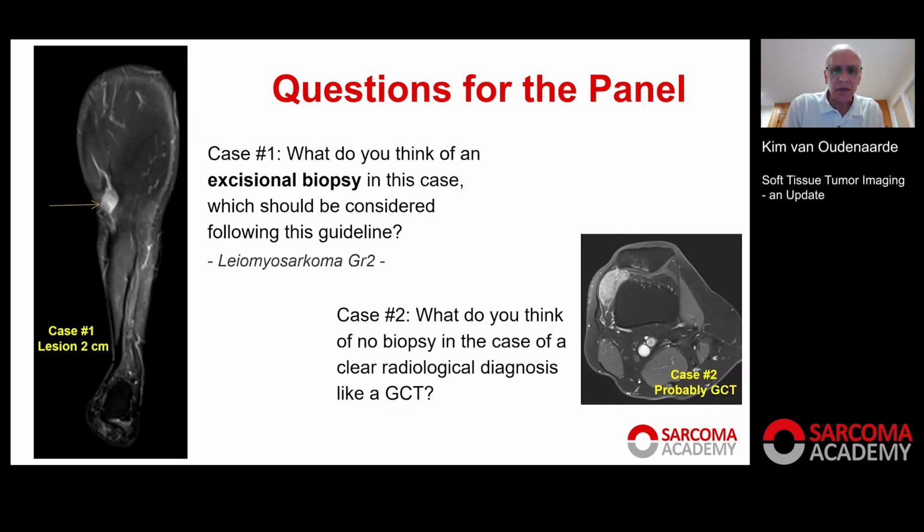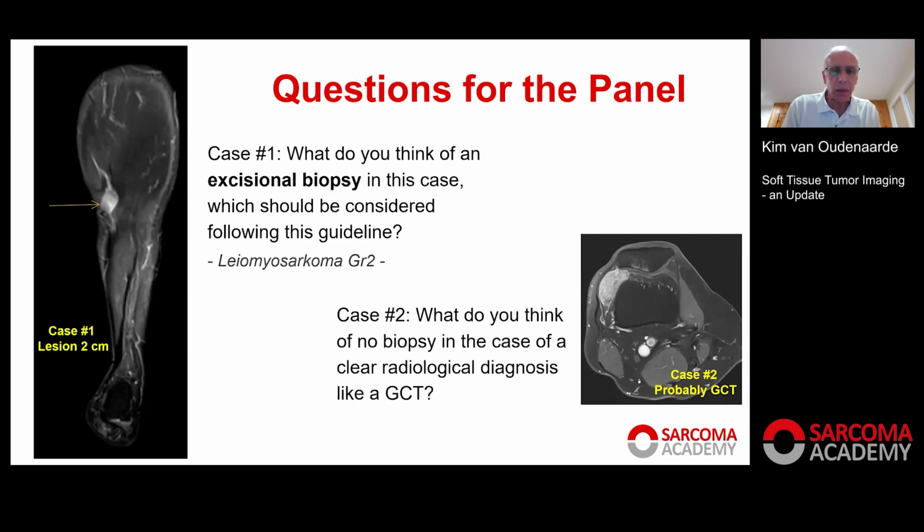From my perspective, I always like to know what I'm treating, and I think the wide excision for this is appropriate. But if you do an excisional biopsy, I always worry, particularly at a non-sarcoma center, that they're going to get into the tumor and spill tumor.